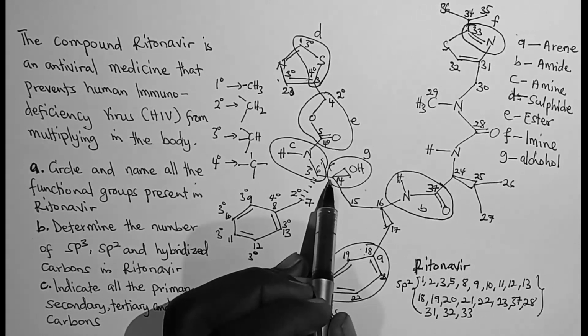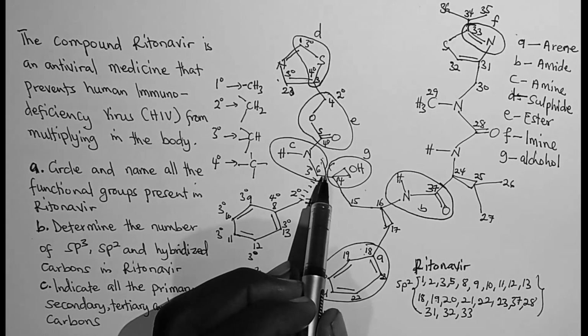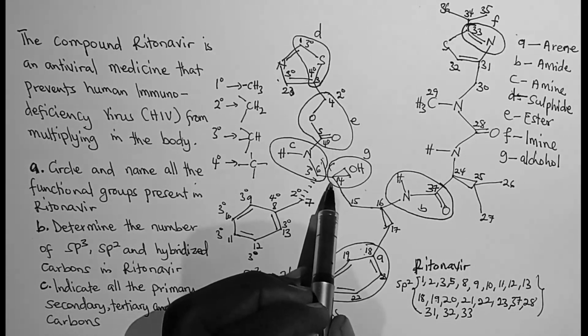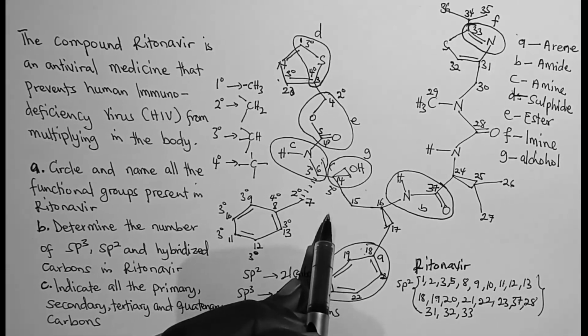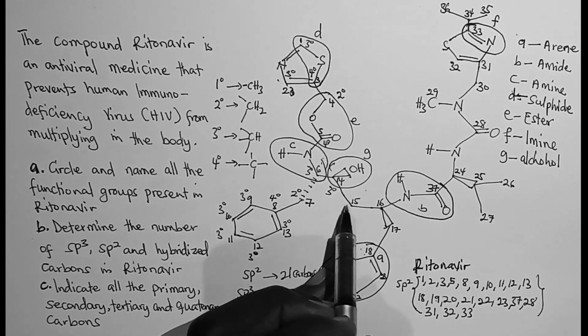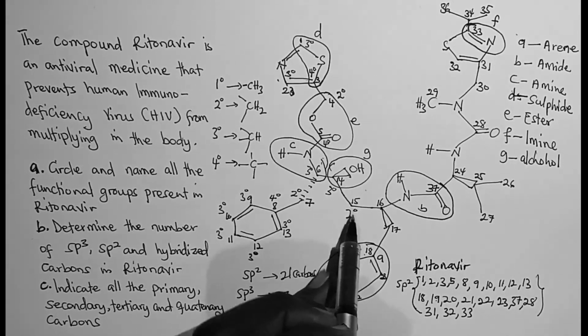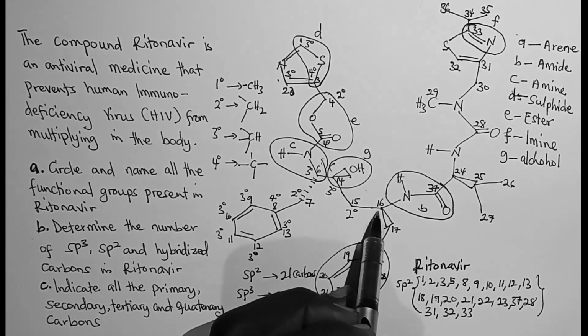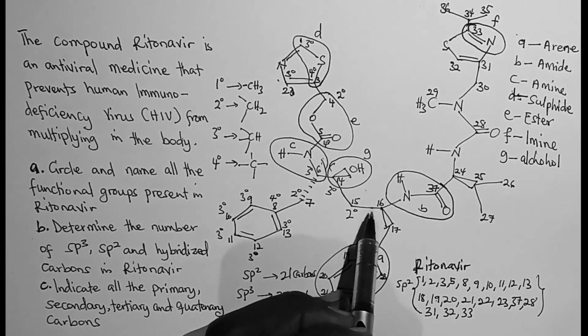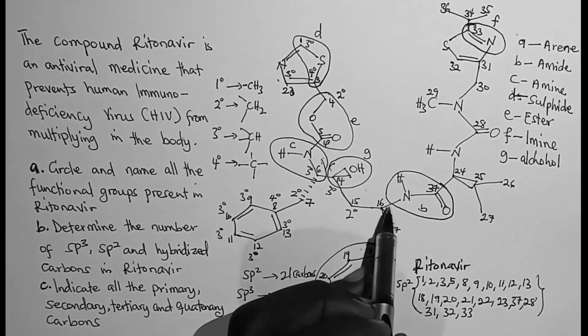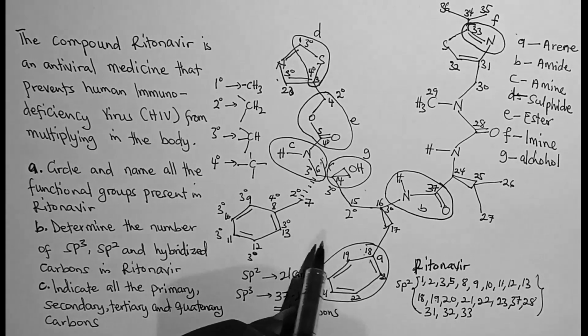Then let's come to carbon 14. Carbon 14 has got only one proton, and since it's got only one proton, it is also a tertiary carbon. 15 has two protons, so it is a secondary carbon. Carbon 16 has just one proton, so it is a tertiary carbon.